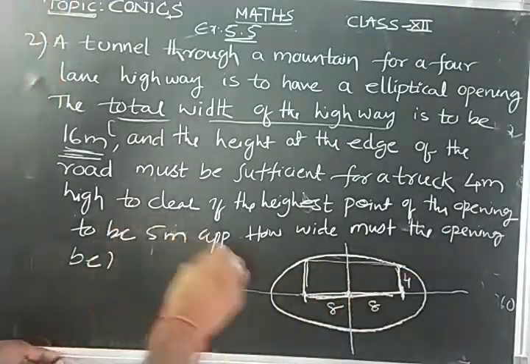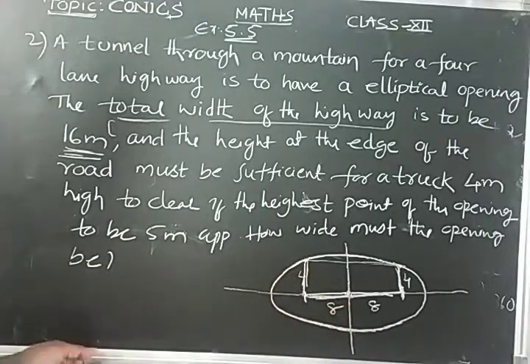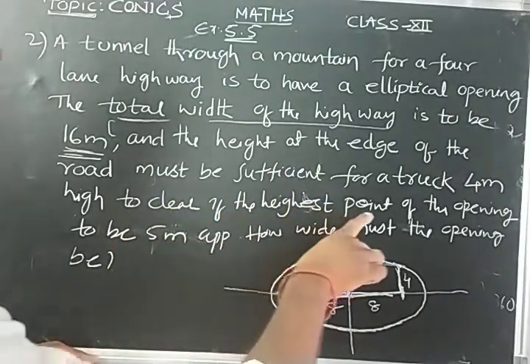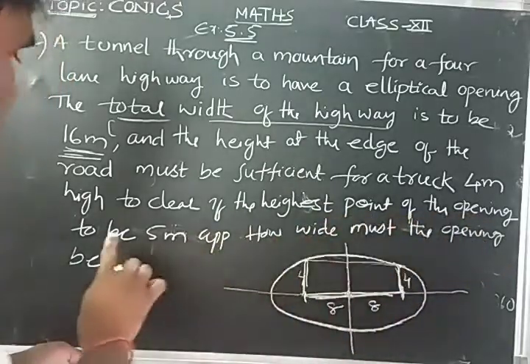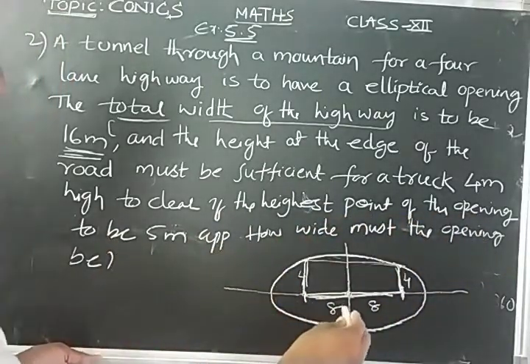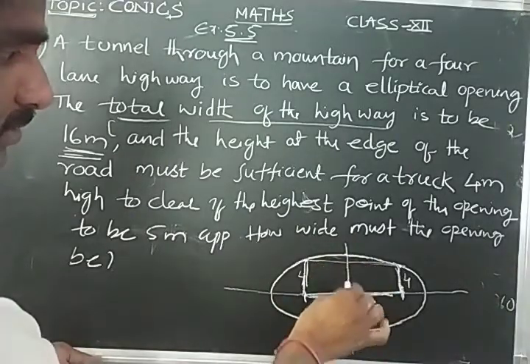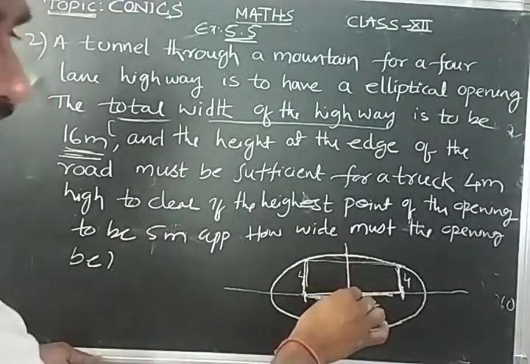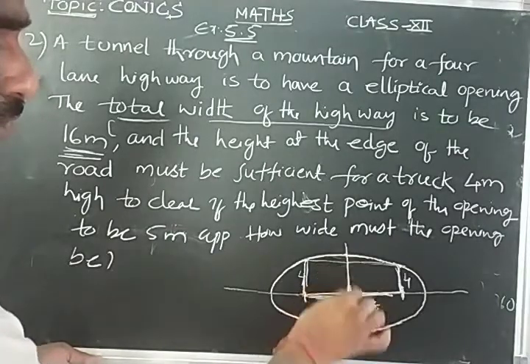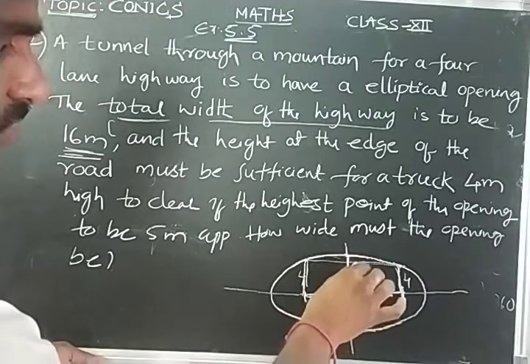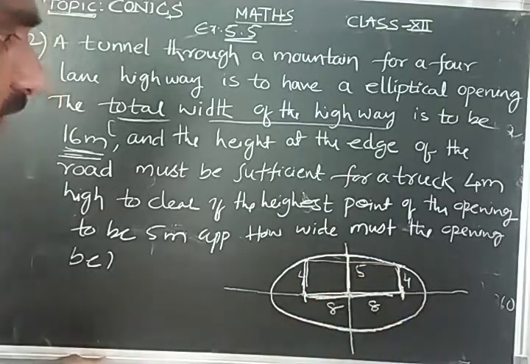Also, the highest point of the opening is to be 5 meters approximately. The highest point of the ellipse occurs at the center, where you get the maximum height. This maximum height of the tunnel is given, so this is 5 meters.